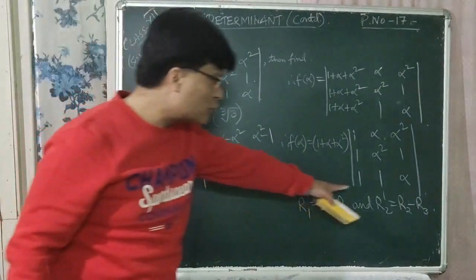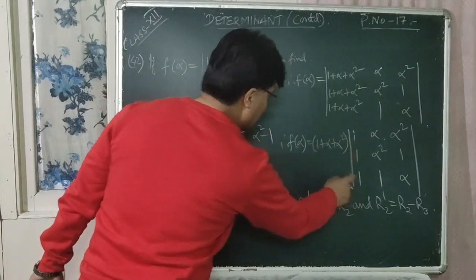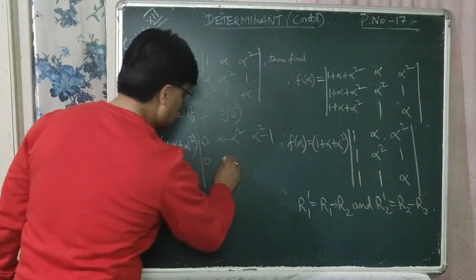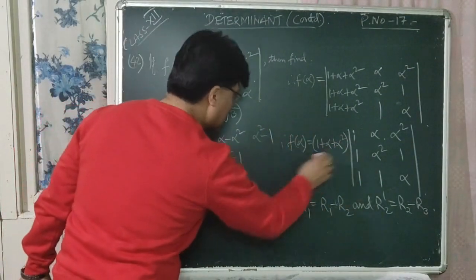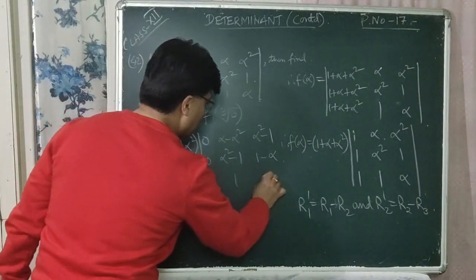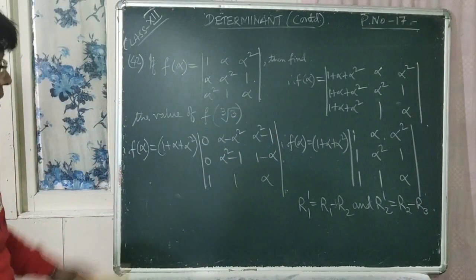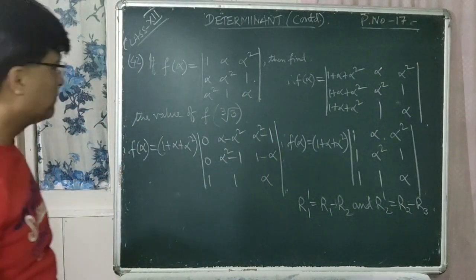Next, also row 2 is changing, new row 2. How does it change? R2 minus R3, 1 minus 1 is 0. Next one is alpha square minus 1. Next one is 1 minus alpha. And what is the third row? It is 1, 1 alpha. Is that clear? So now let's simplify it.